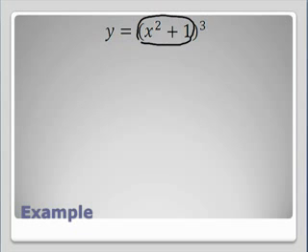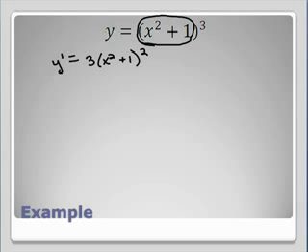We're just thinking of it as being like some variable raised to the 3rd. So first thing we're going to do is find the derivative of that outside function. So if it were like x to the 3rd or u to the 3rd, we'd bring the 3 out to the front. We're going to keep the x squared plus 1 the same. It's going to be to 1 less power, applying that simple power rule.